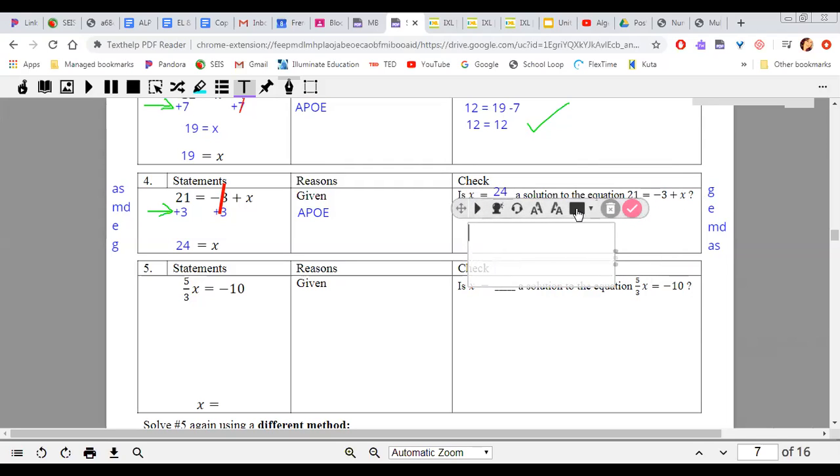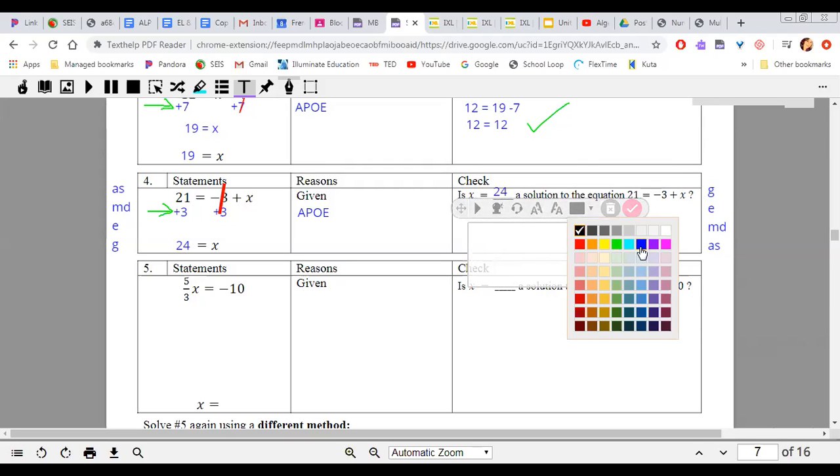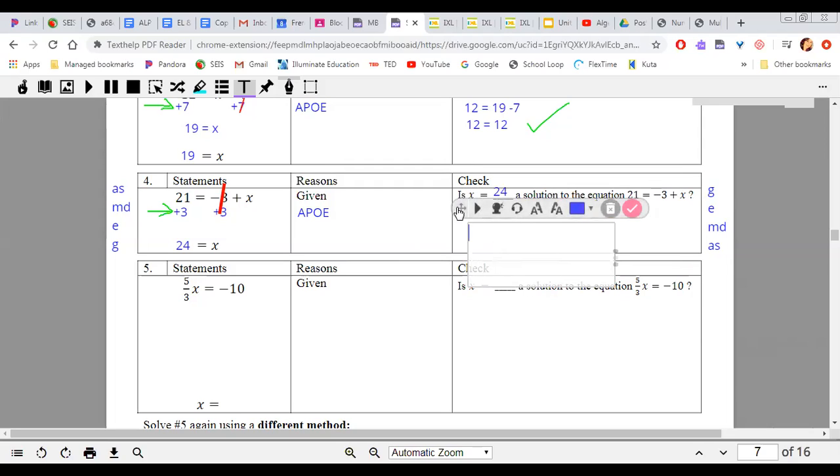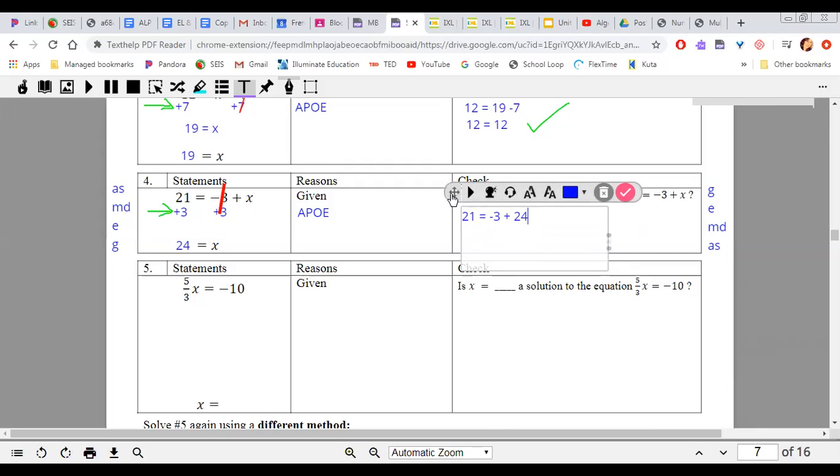So now that I have that, what am I doing with this information? Check it if it's right. Yeah, so I have to rewrite the problem with the answer I got because I got 24. So I need to know, was that right?